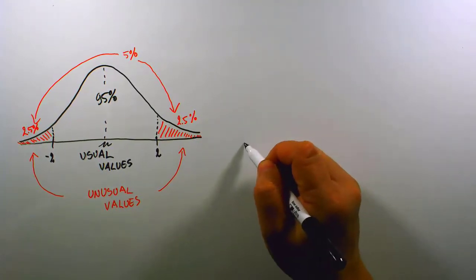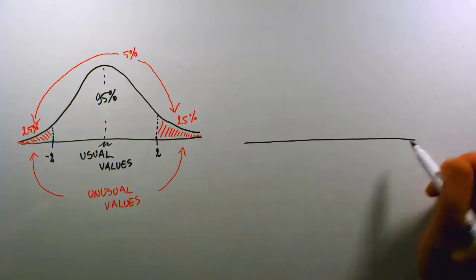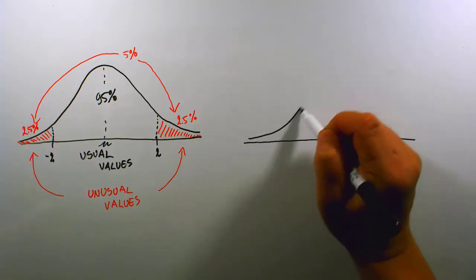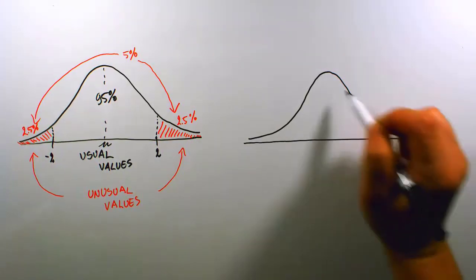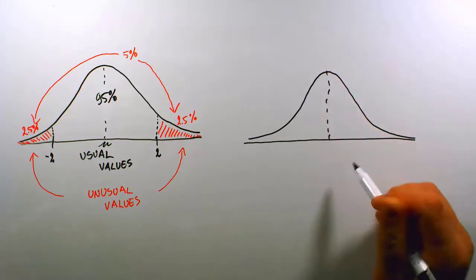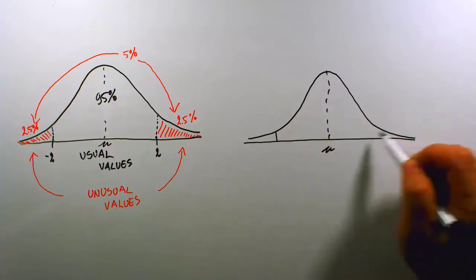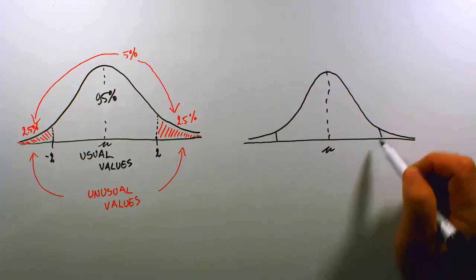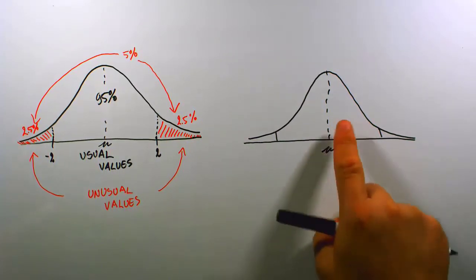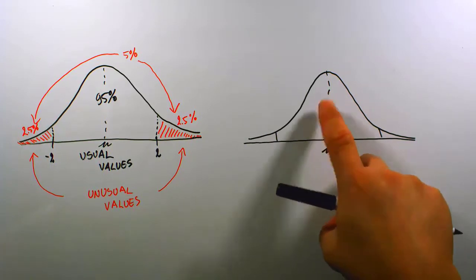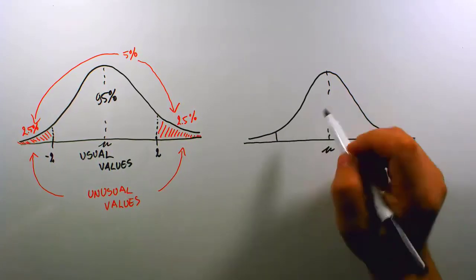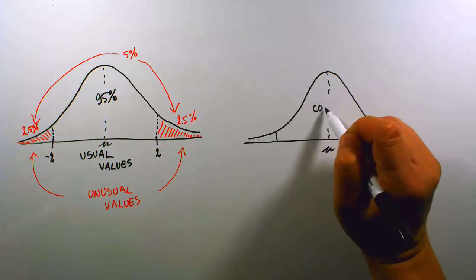Now, generally on any bell curve, with the mean right in the middle, there's always a big fat area in the middle. In this generality, I refer to the big fat area as the common area.